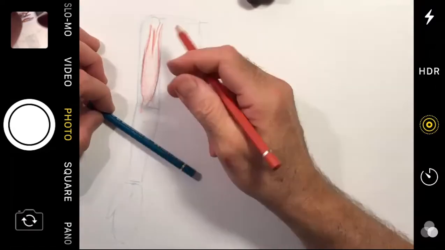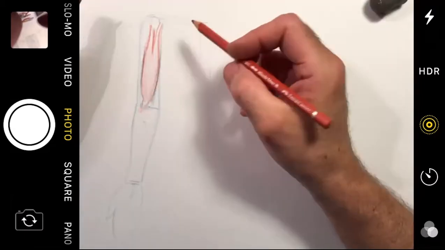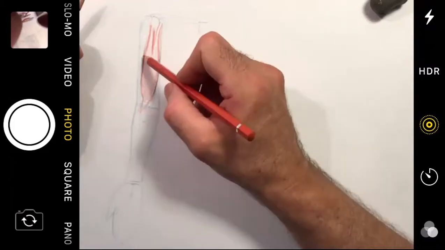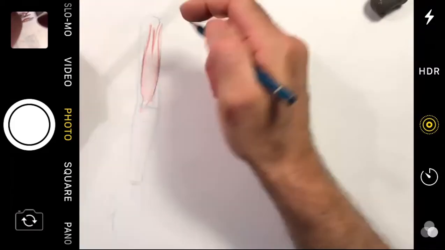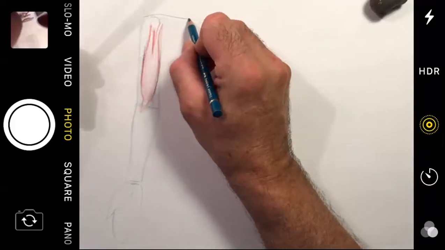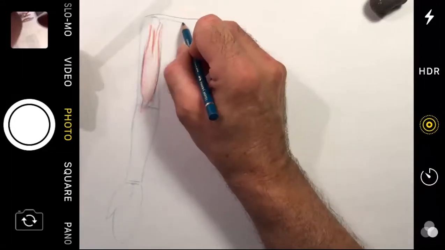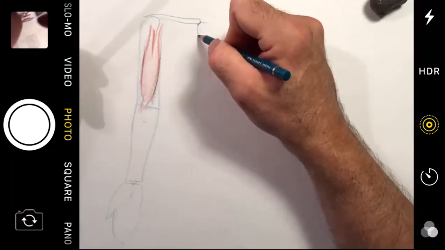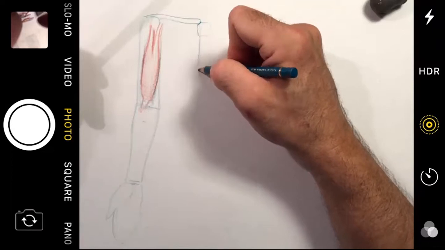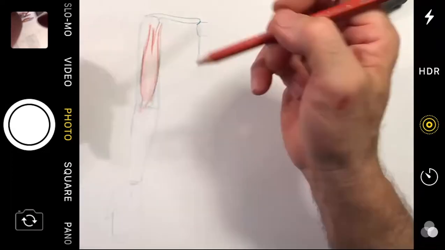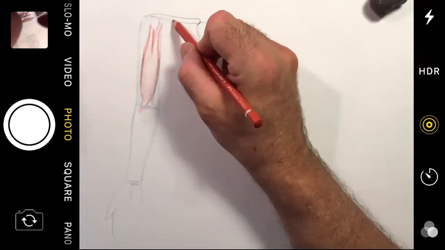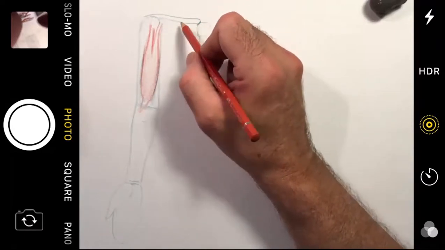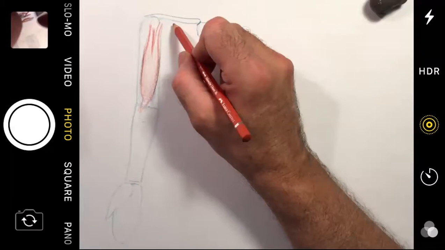Then next we can block in the pectoralis. Take the lower margin of the clavicle and divide it in half.